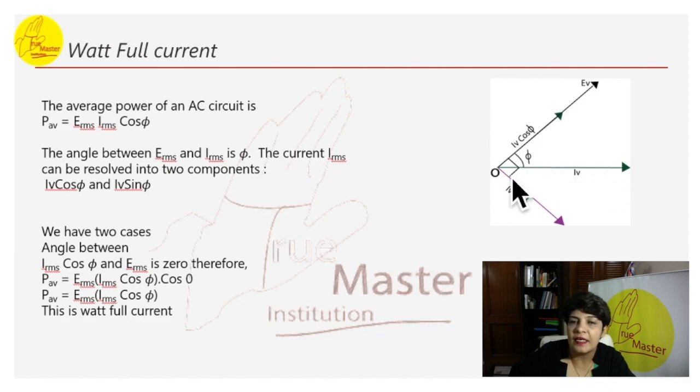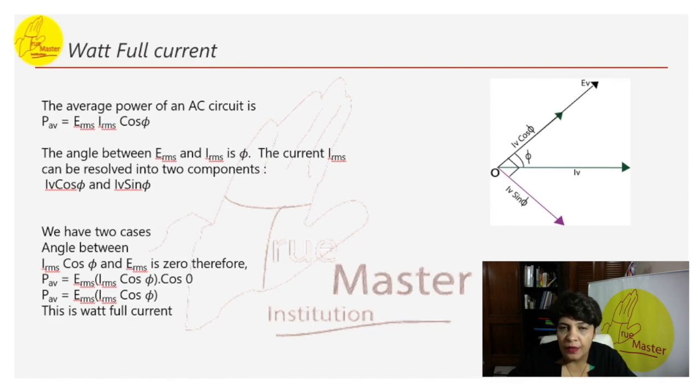The current IRMS can be resolved into two components. So we are going to resolve the component I into two: I cos phi and I sin phi. Now we have two cases.